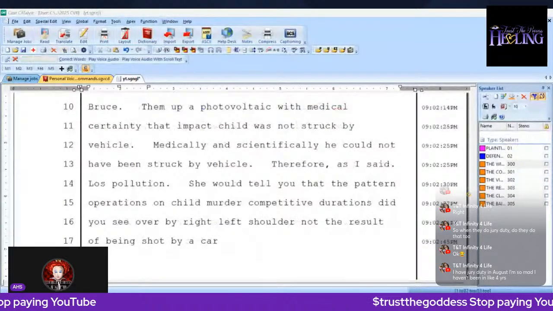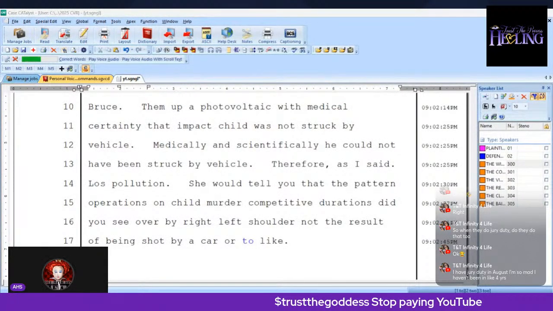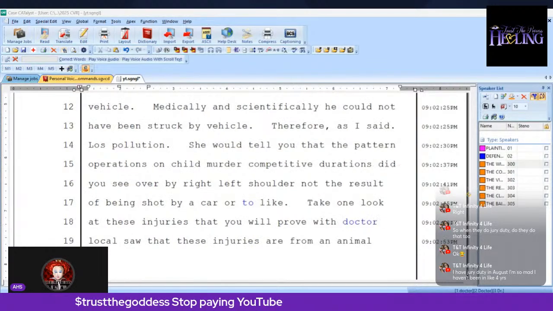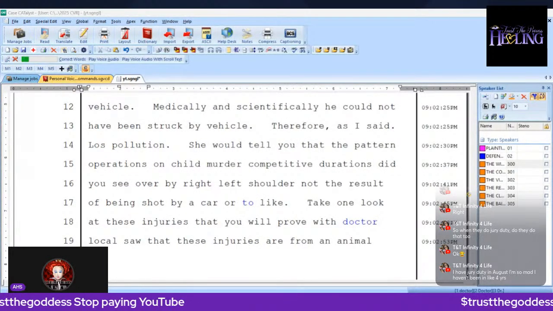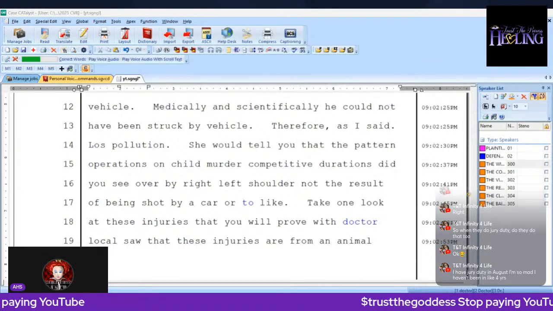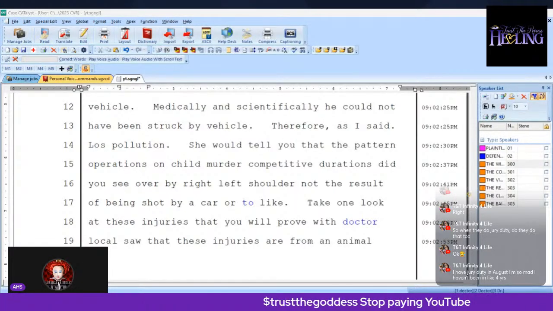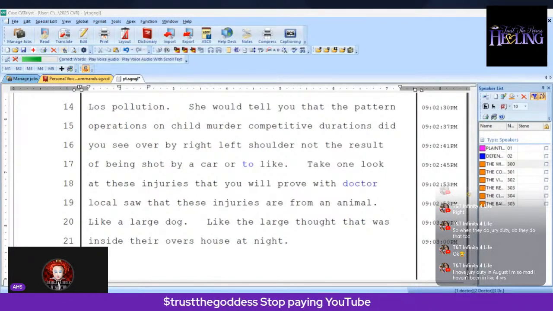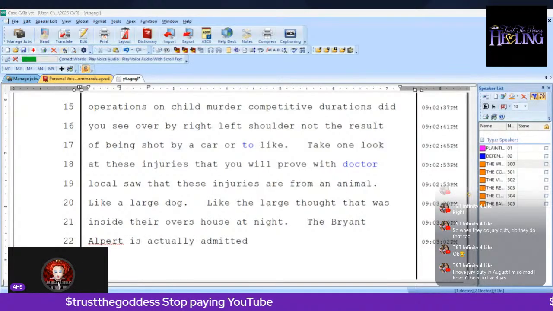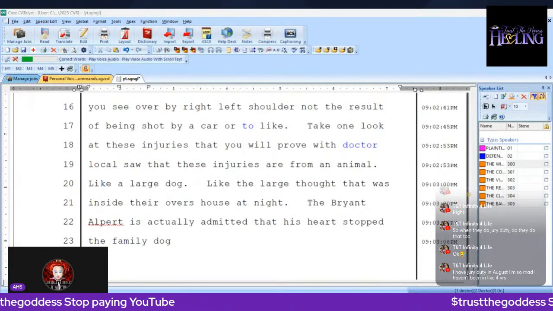You'll take one look at these injuries and you'll agree with Dr. Lobosada. The evidence will show that these injuries are from an animal, like a large dog, like the large dog that was inside the Albert house that night. You'll learn that Brian Albert has actually admitted that his large dog, the family dog, is, quote, not good with strangers.